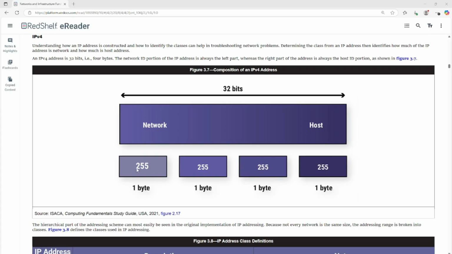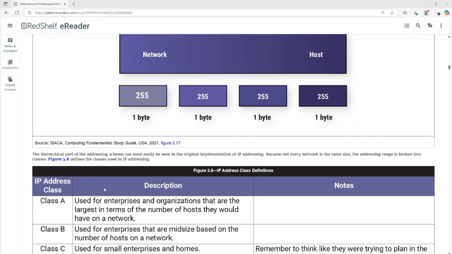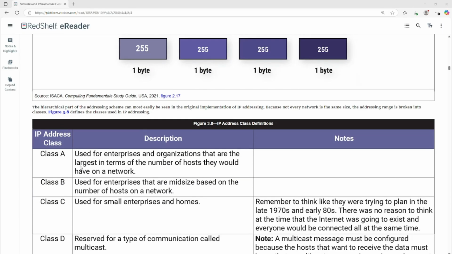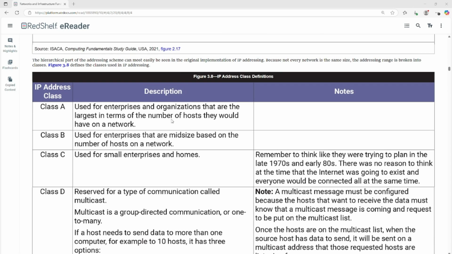Another thing for you to keep in mind here with IPv4 addresses is the various classes. The diagram on figure 3.8 lays down an IP address class and its definition. Class A, specifically for enterprise and organizational addresses.